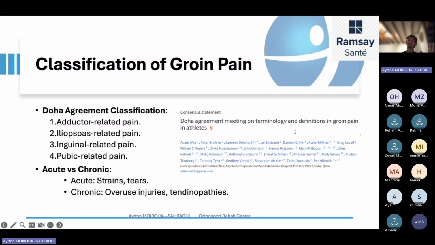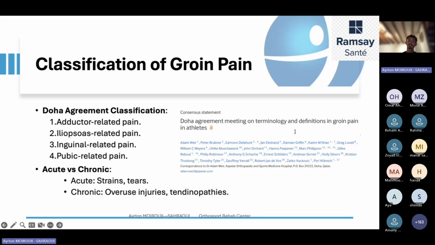But the chronic groin pain develops over time due to repetitive micro trauma and inadequate healing. Okay, so we must be aware of the first symptoms of groin pain and not let the athletes keep the pain for weeks and months, because then it becomes chronic pain.